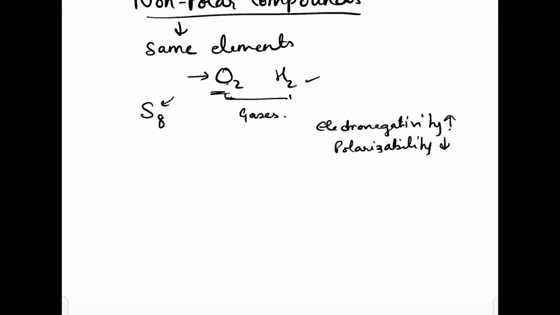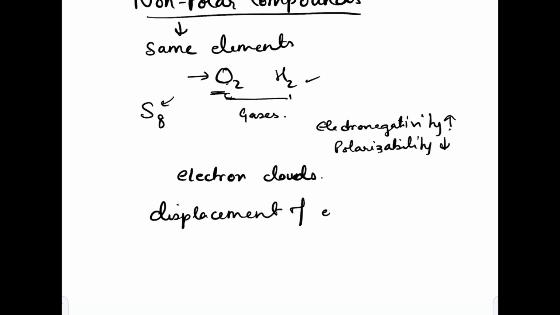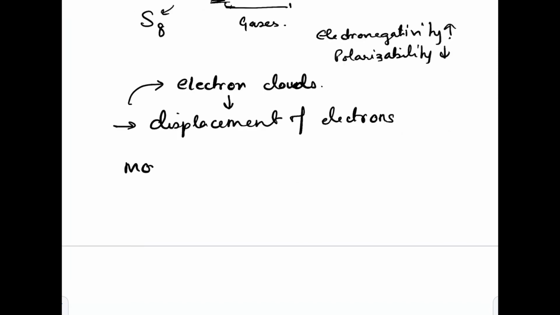So there will be lesser displacement of the electrons, and that is the idea behind the concept of polarizability, that there should be a displacement of the electrons, which will be more if there are more electrons, right?